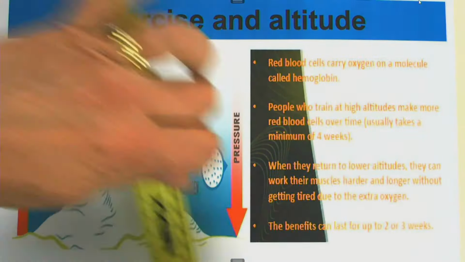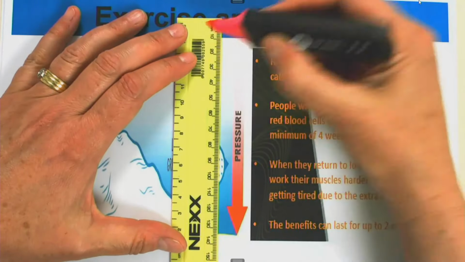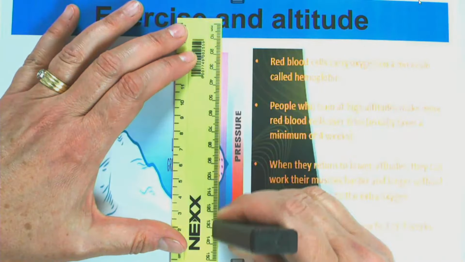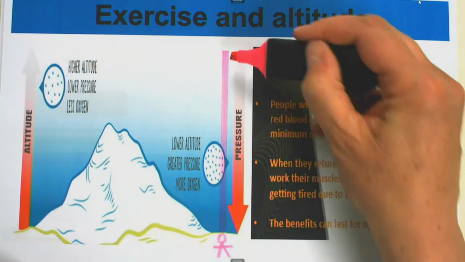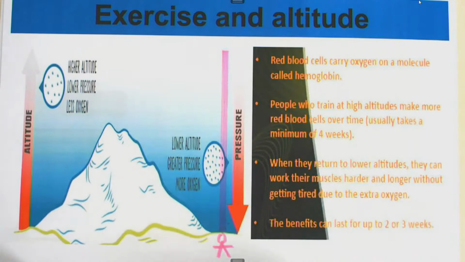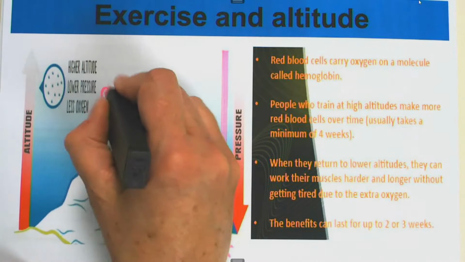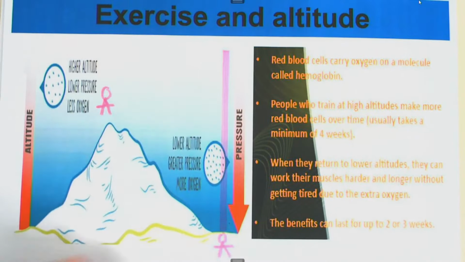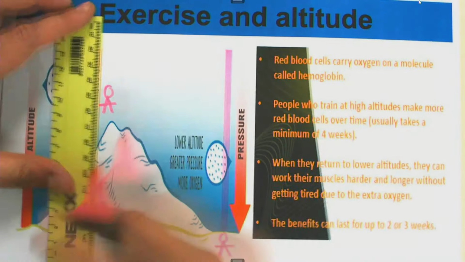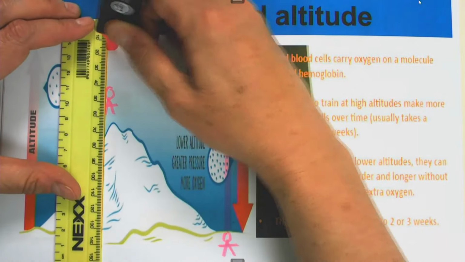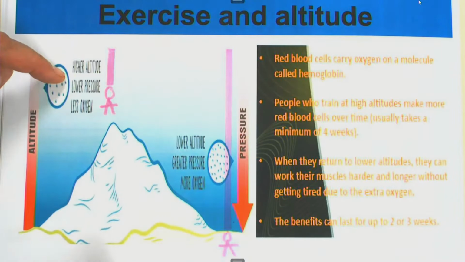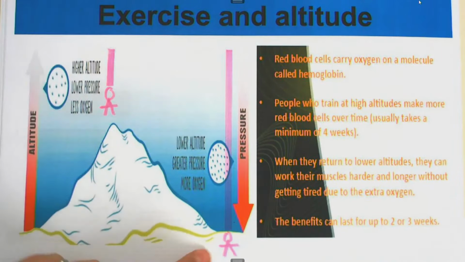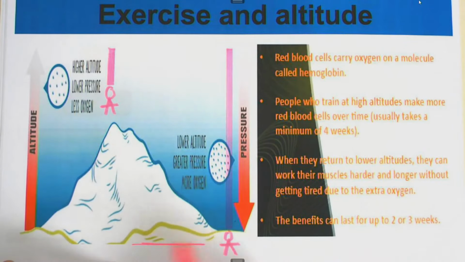If I'm now standing here, all of that pressure is on top of me. When I'm standing here, the only pressure that I have on top of me because I am higher is this amount of pressure. So the higher I go, the lower the pressure, the less oxygen. More towards sea level, this is now sea level.